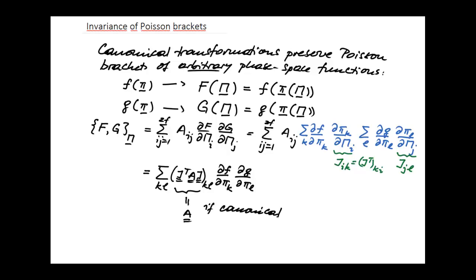So by definition, this is nothing but the Poisson bracket of f and g in the original coordinates, the little pi's. And that is precisely what we wanted to show: that under a canonical transformation, the Poisson bracket of two arbitrary phase-space functions is preserved when you go from the old to the new coordinates.